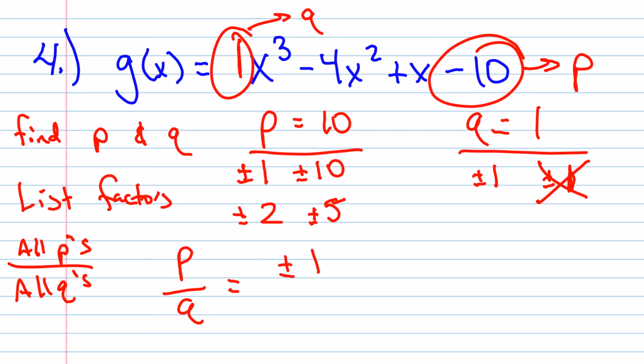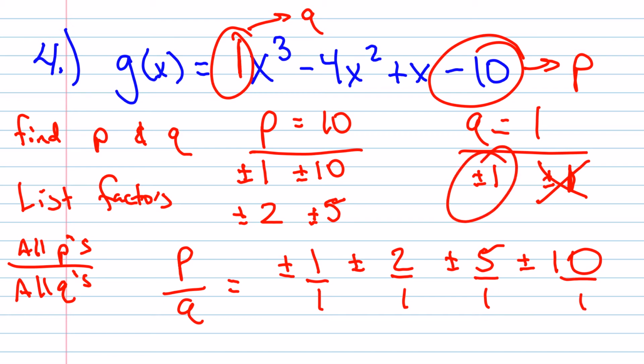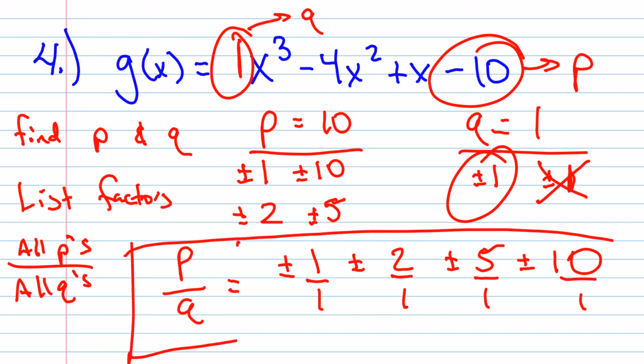I have plus or minus 1, plus or minus 2, plus or minus 5, plus or minus 10, and they're all over 1 because that's the only number on this list. Okay? And that's it. So this is your final answer right here. And you don't even have to write the over 1 if you didn't want to. That's optional. All right, moving on.